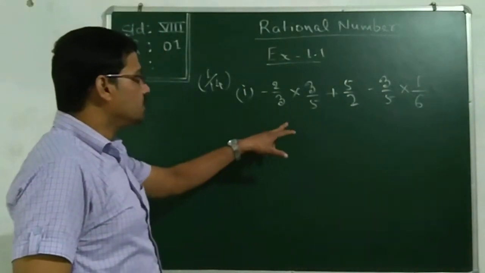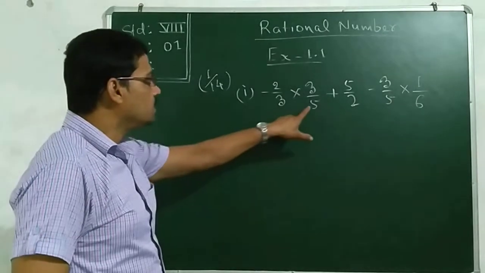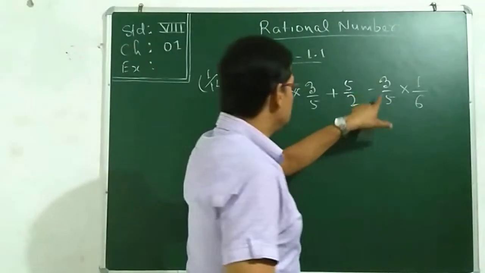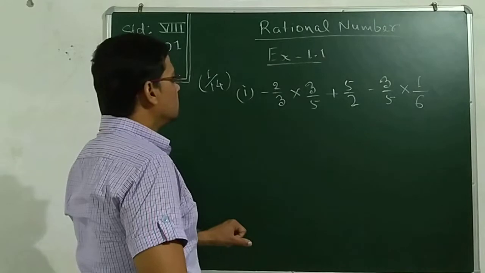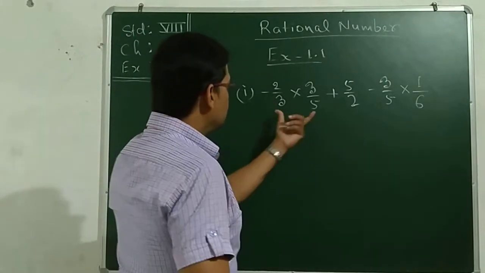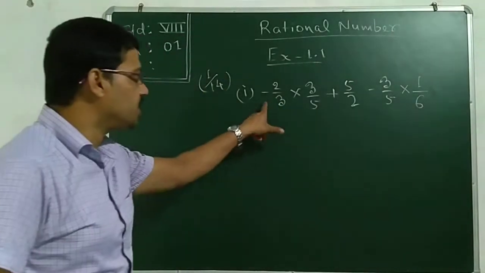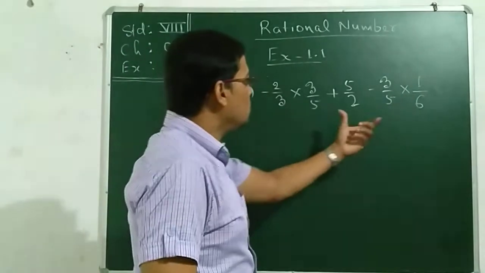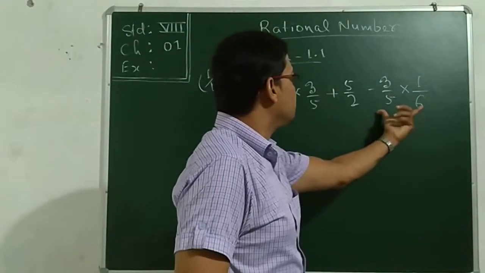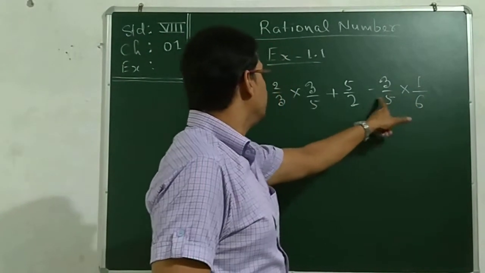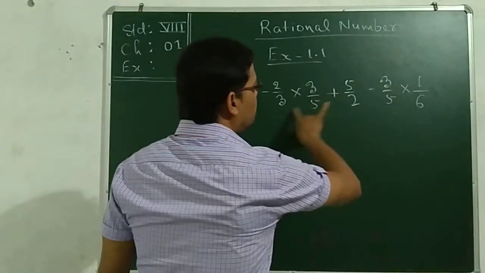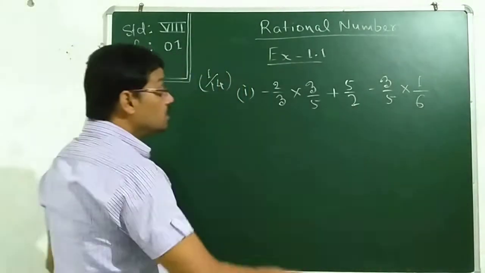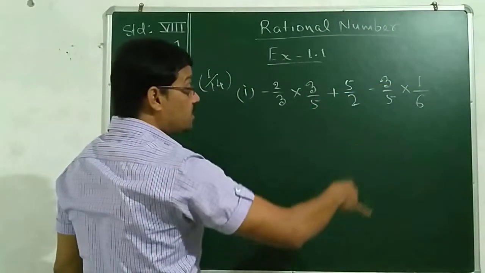See here, what do we get here? 3 by 5 has been used twice, and once with this multiplication we get a negative sign, and with this multiplication also we get a negative sign. So if you use the distributive property for this, that means plus 5 by 2 must be sent outside.